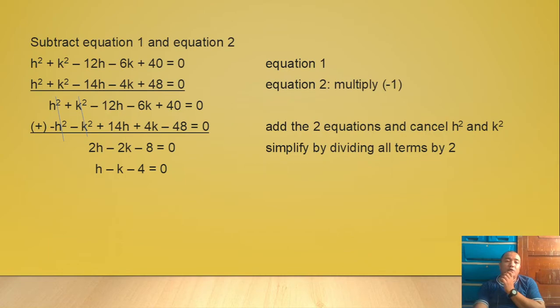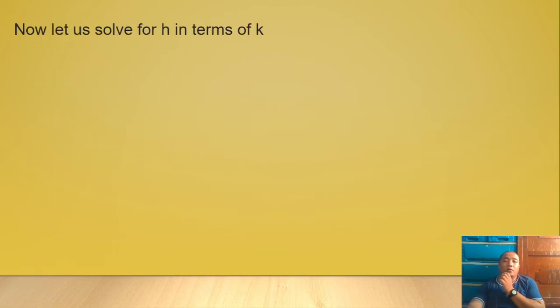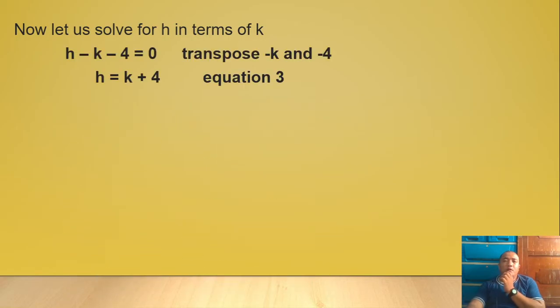And from this equation, we can now have our equation 3 by solving h in terms of k, or solving k in terms of h, whichever. Now let us solve for h in terms of k.